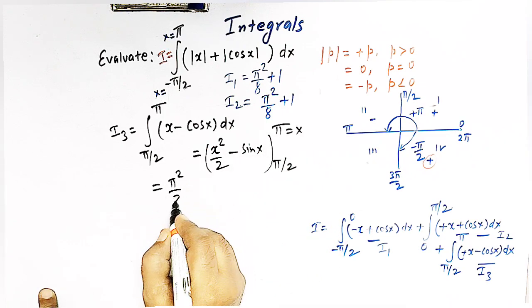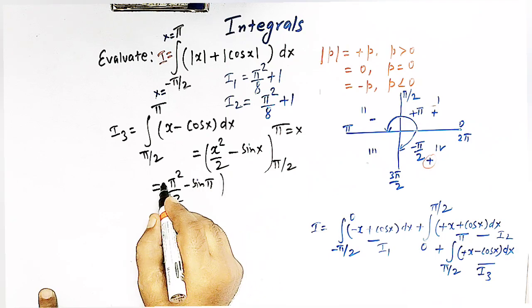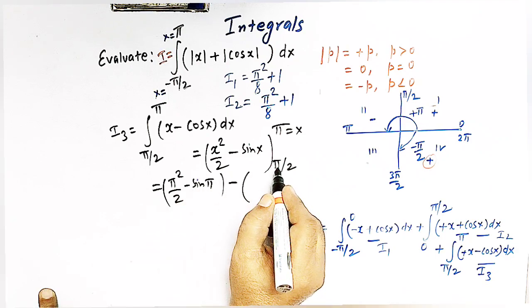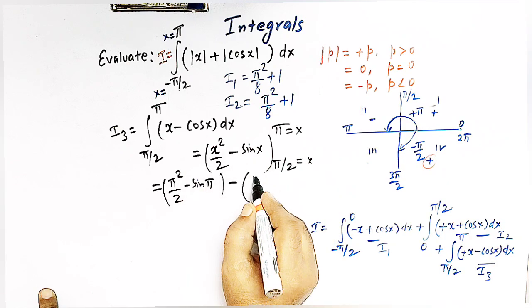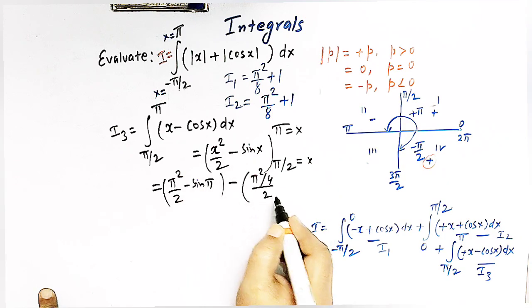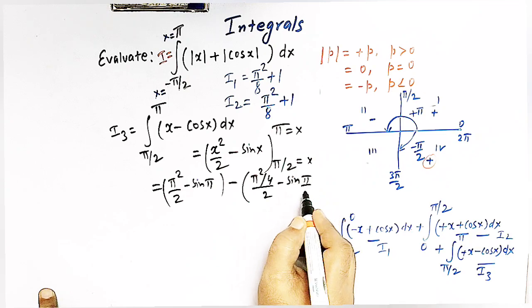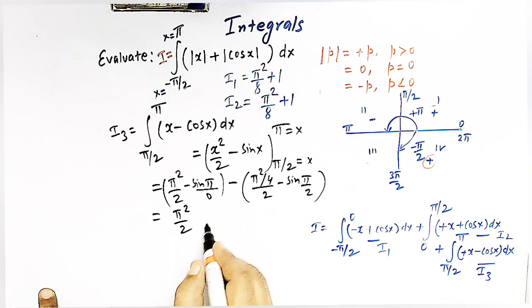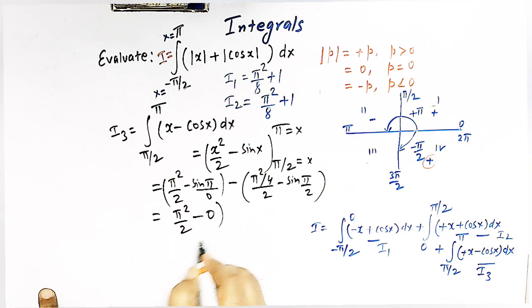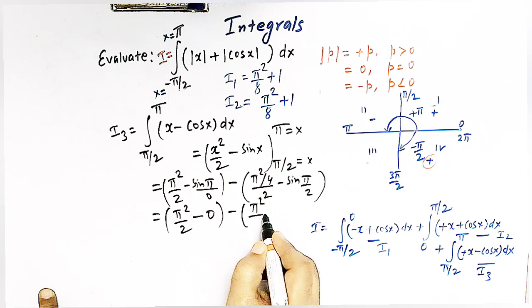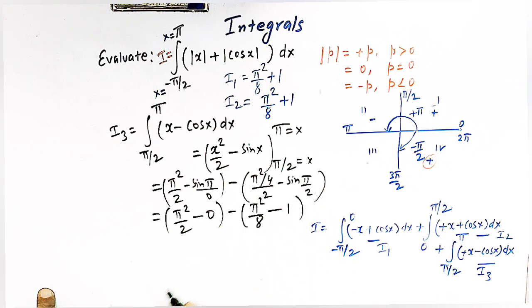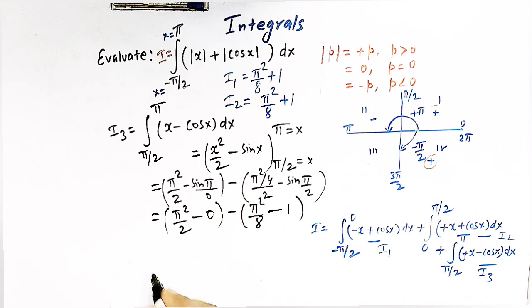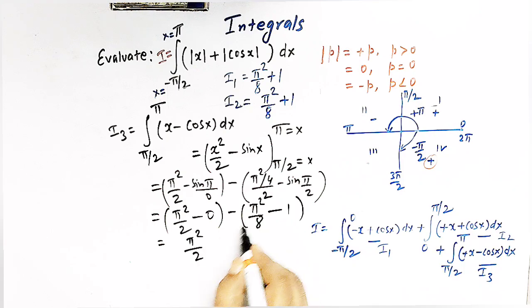So we have pi square over 2 minus sine pi, and then we have the negative sign, and then we take x is equal to pi by 2, pi square over 4 divided by 2 minus sine pi by 2. So here we have pi square over 2, sine pi is 0. So here we have 0, and here we have pi square over 8, and sine pi by 2 is 1. So now we can write pi square over 2, and here we have minus pi square over 8 plus 1.